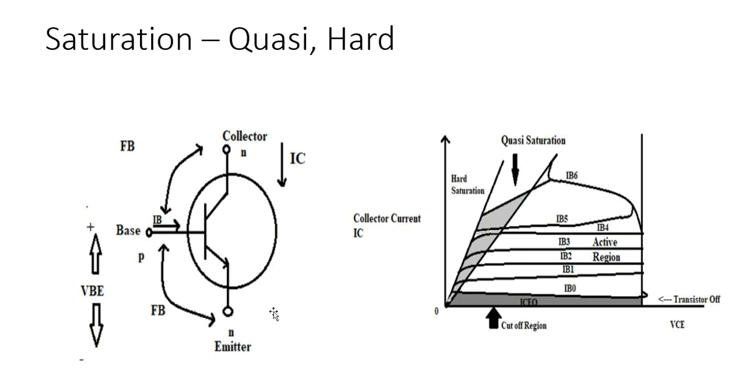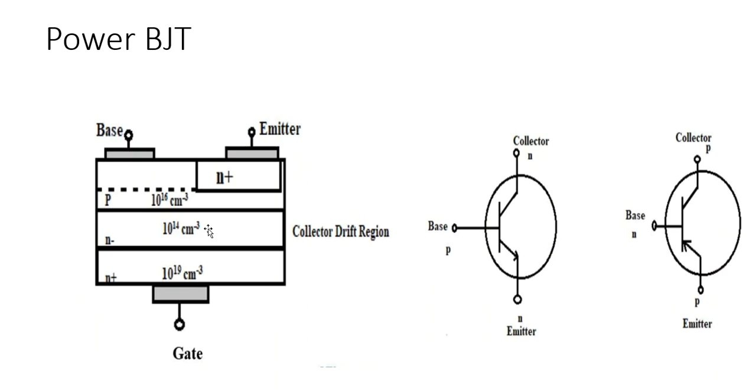Every time I talk about the normal transistor, it is so you can recall the uniqueness of the working principle. The only difference is the collector drift region, which demands high voltage and a high breakover voltage.